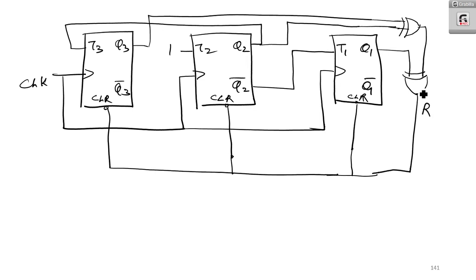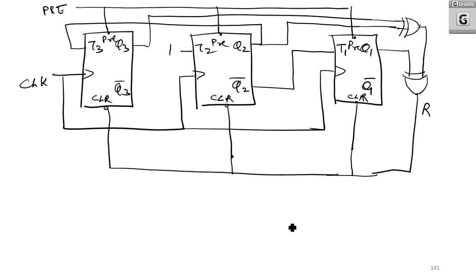When reset is equal to 1, all the flip-flops get reset. Here you are having preset, preset, preset. You can convert it into a single preset. So here, what happens to clear?